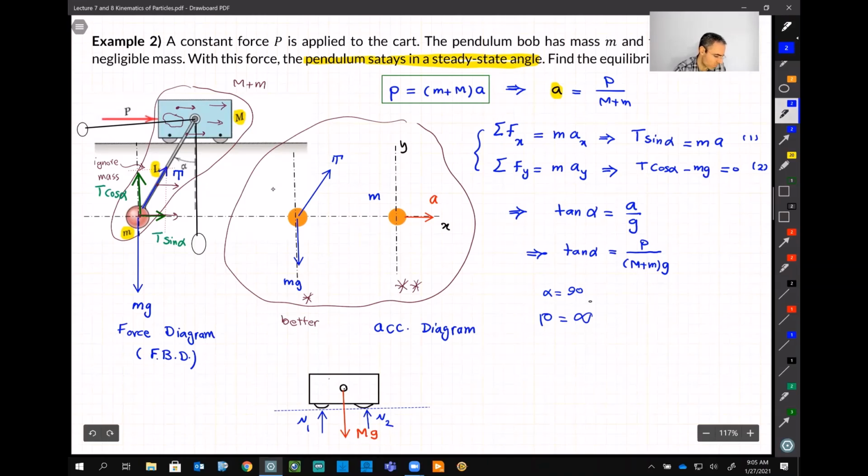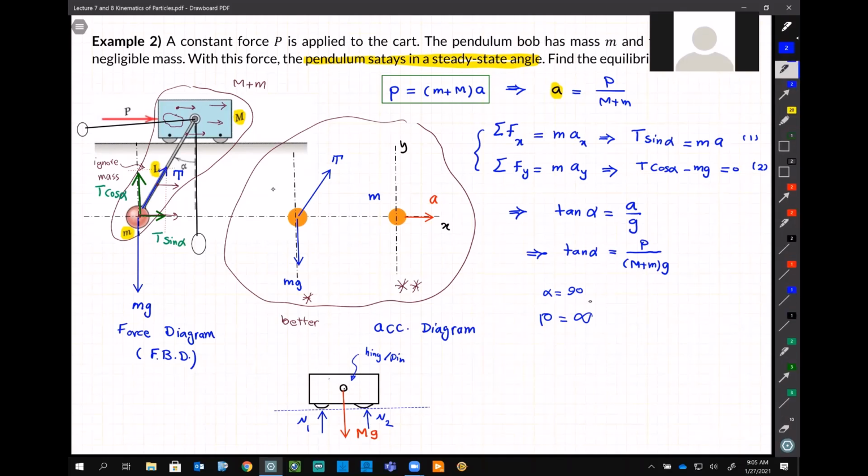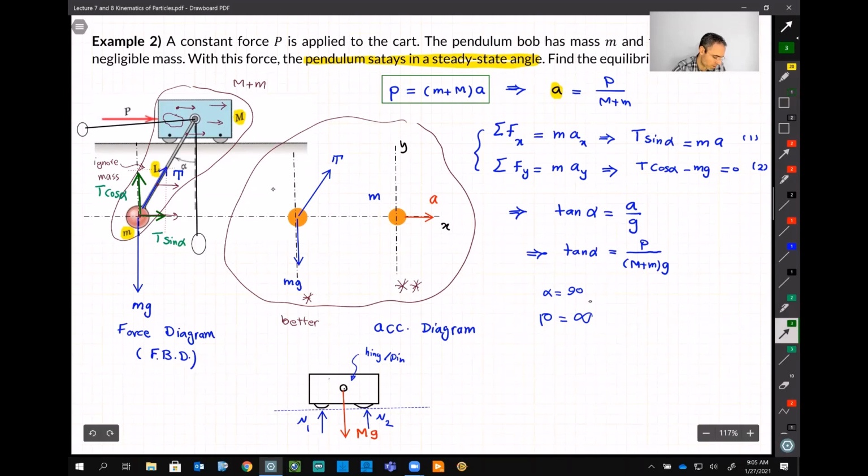And since this is more like a hinge or a pin, it can rotate. It has 2 components, one like this and one like that. If you call this point O, it's going to be OY and OX.